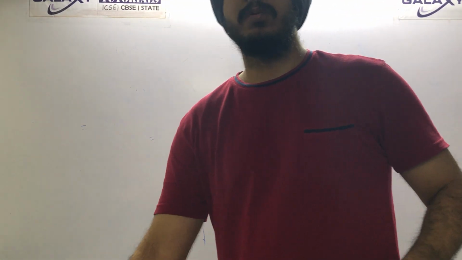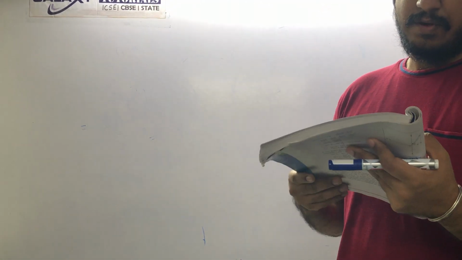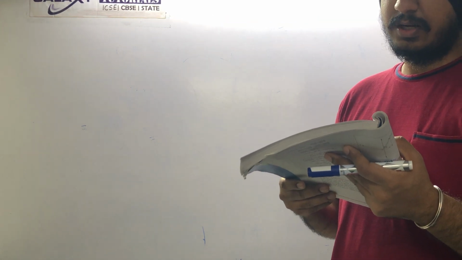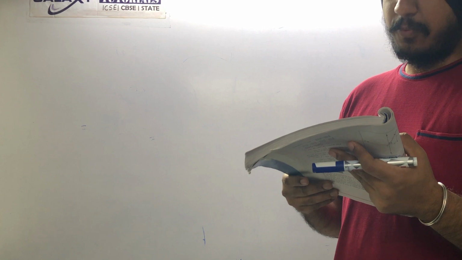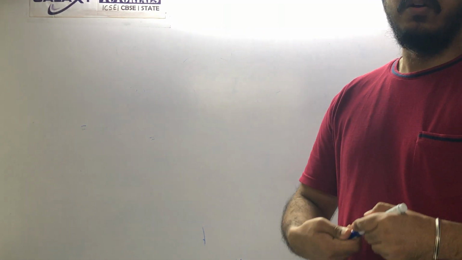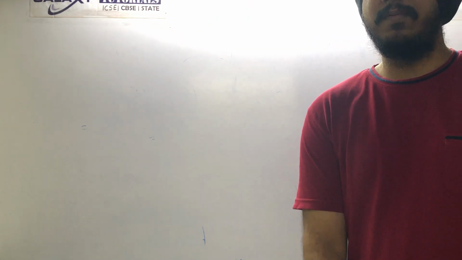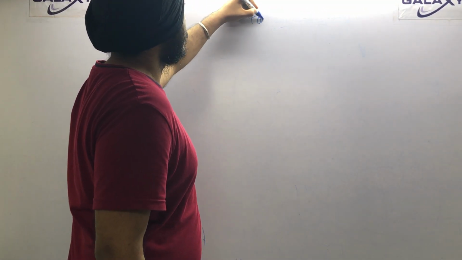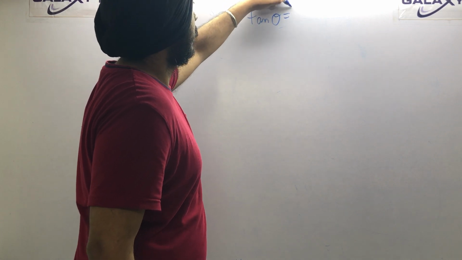Let's go to question number 3. If tan theta is equal to 1 by 2, evaluate 2 sin theta plus 3 cos theta upon 4 cos theta plus 3 sin theta. First we will write the given things and then we will write the things to find. So they have given us tan theta is how much? 1 by 2.